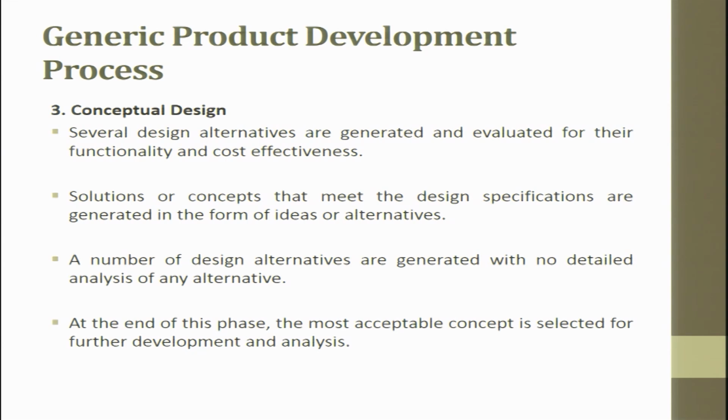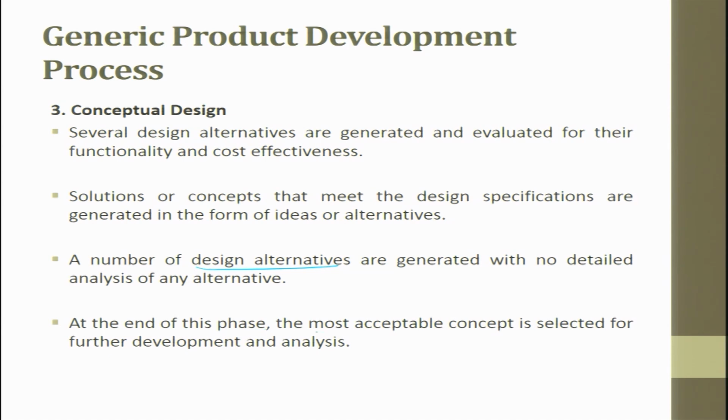The solutions and concepts that meet the design specifications are generated in the form of ideas and or alternatives. A number of design alternatives are generated with no detailed analysis of any alternative. So, we do not talk about dimensions, we do not talk about the material, we only talk about concepts, form, and the functions, how they are to be done.